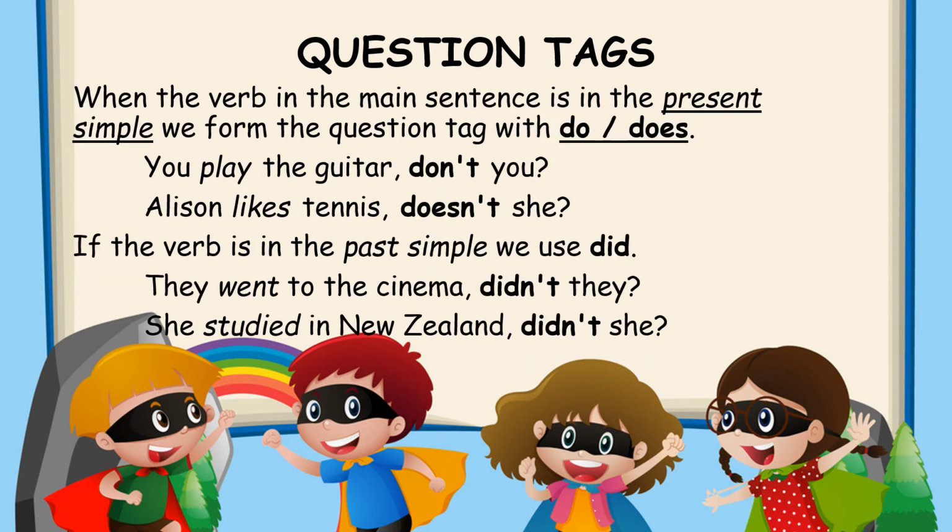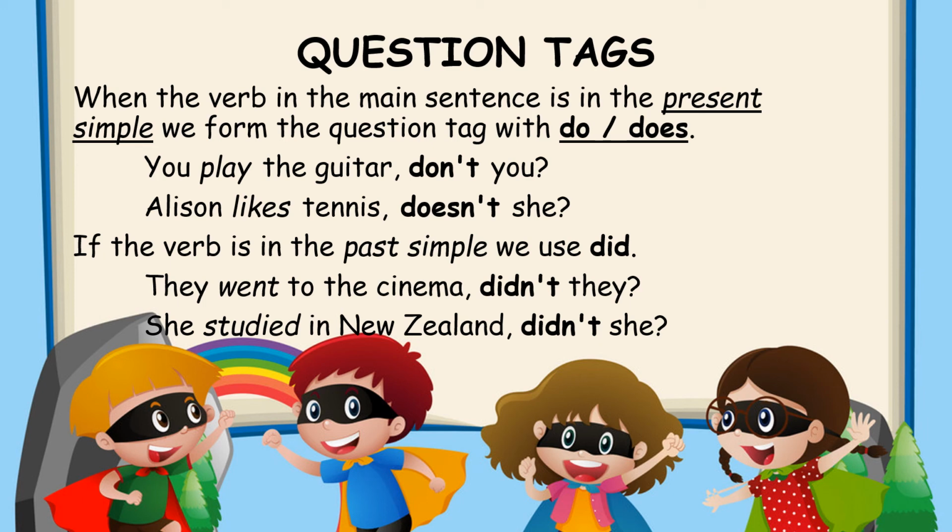Now, when the verb in the main sentence is in the present simple. So when the verb in the given sentence is in the present simple tense, we form the question tag with do or does. Just like we saw before, does is used for singular, do is used for plural. You play the guitar. So here we don't have any helping verb. You have only the main verb, that is play. Now play is in the present tense. So then you have to look at the subject, you.